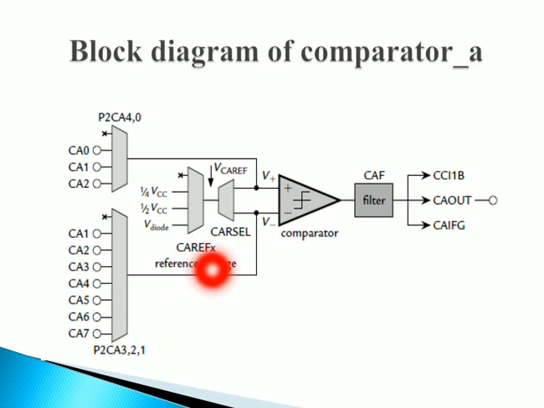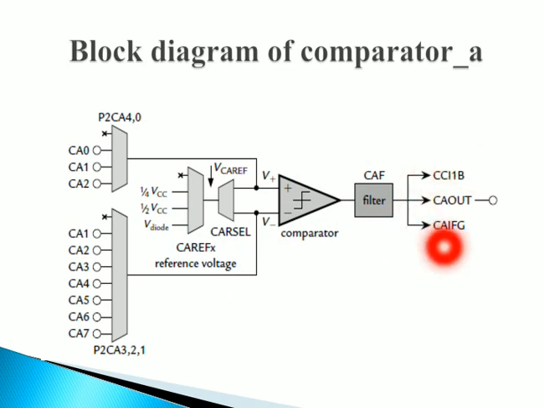This reference voltage will be selected with the help of the CAREFx bits, right? Now the raw output of the comparator can optionally be filtered through this RC filter in order to reduce oscillations in the signal. Now this particular output is brought to the external pin, that is the CAOUT.